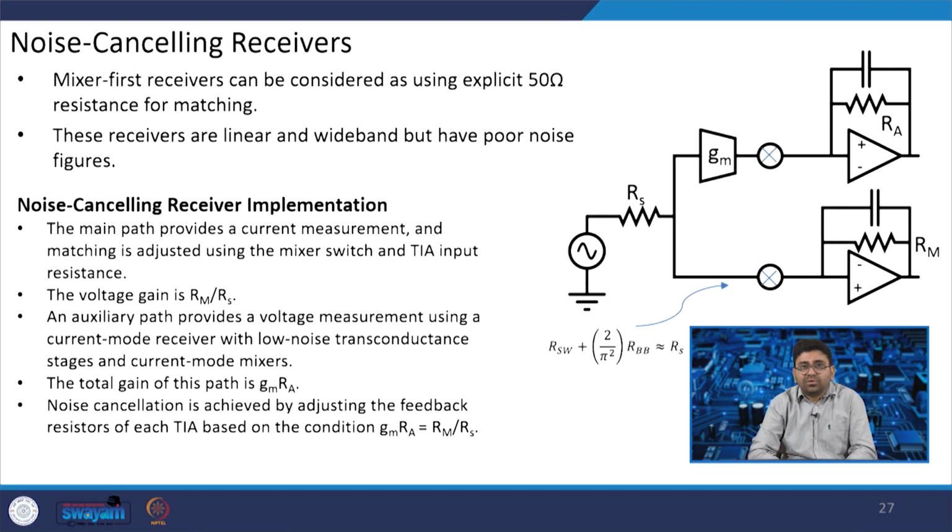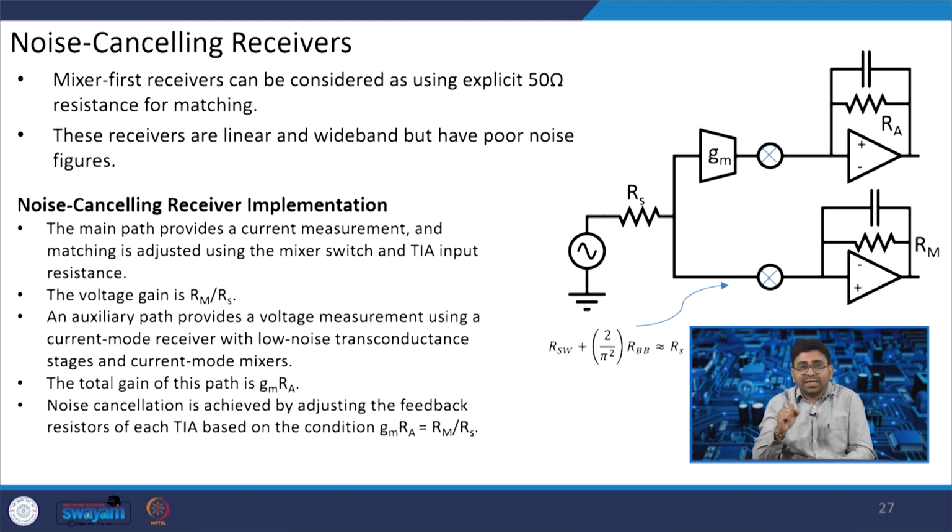We can also design a noise cancelling receiver by using this combination of LNTA as well as the mixer first receiver architecture. So if these two are used in combination, then at the baseband side, the noise which is generated by the RS can be cancelled out.